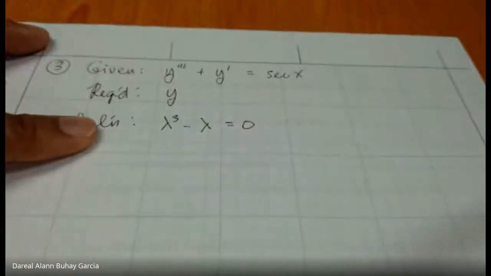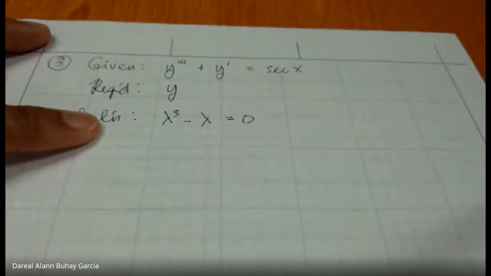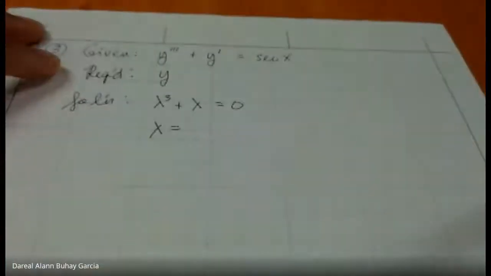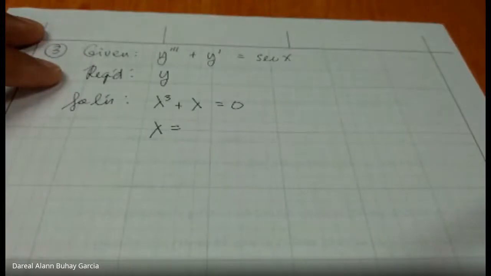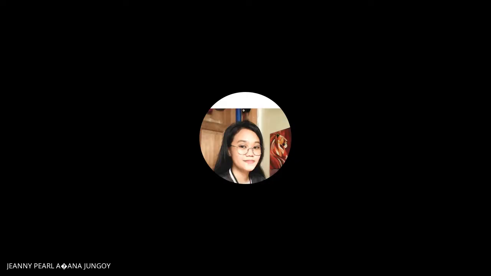First, solve for the roots. The characteristic equation would be something like this, r cubed plus r. Roots are plus minus i, i and negative i.